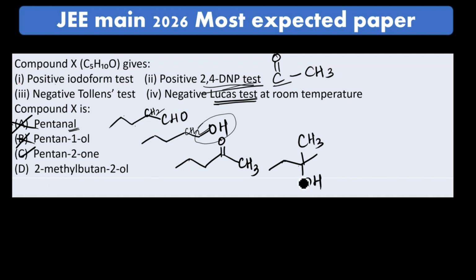Let's check D also. D I have 2-methylbutan-2-ol, which will give you positive to iodoform test. But what about other test, which will not have any C double bond O group, right? And it will give you positive to Lucas test as well. So which will not be our answer.